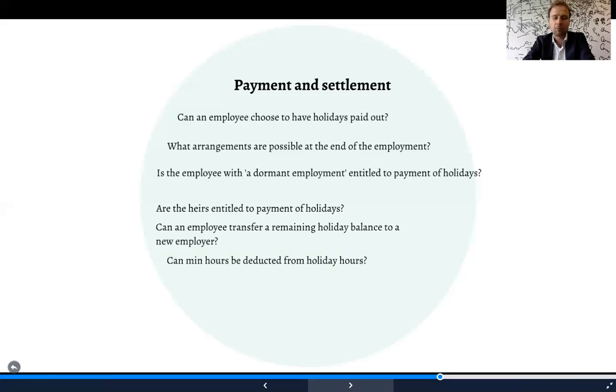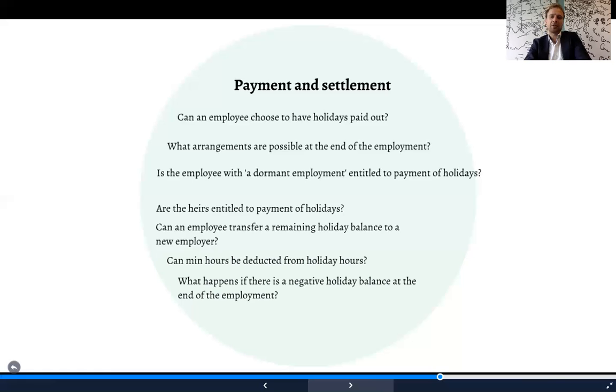So if someone works less hours, that might be possible at this moment of time during Corona, it's not allowed to deduct those minus hours from the outstanding holiday account of the employee.